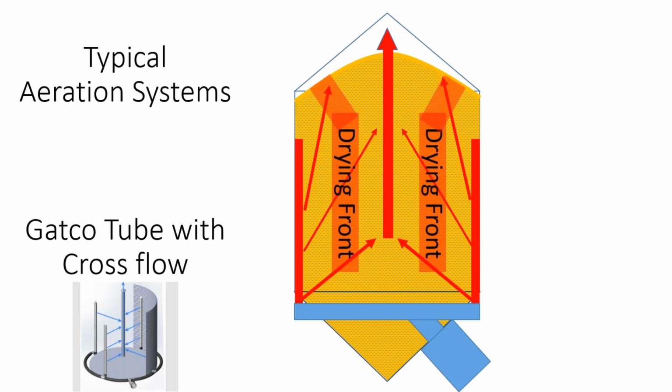Very similar technology or very similar theory as the sidewall vents with the rocket. The drying front in this instance would be moving from the sidewalls inwards. So you're moving your drying front, and the moisture is migrating towards that center tube. And again, with this, you wouldn't have as much of a core.